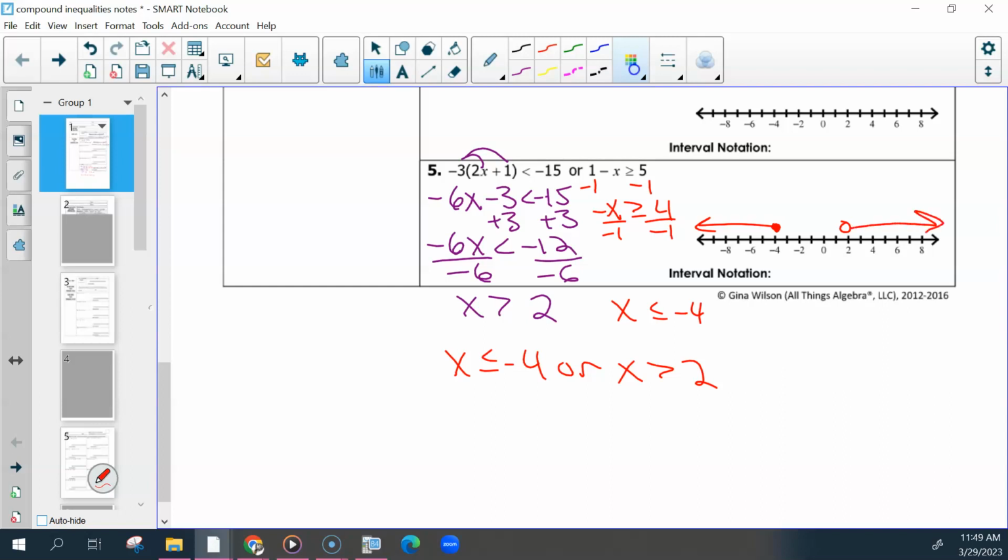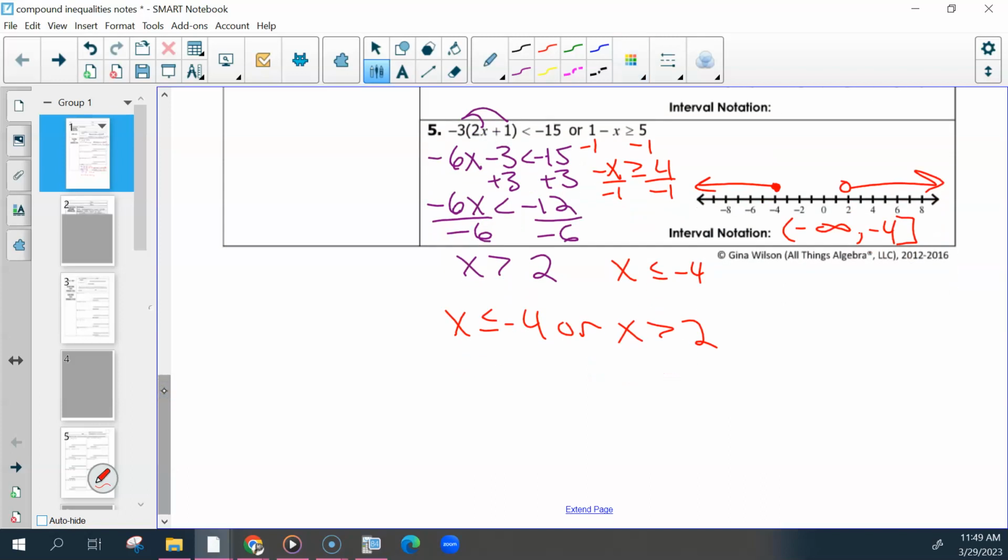And then how would we write this in interval notation? That's what I would write next. Yeah, or. Okay, and then 2 parentheses.